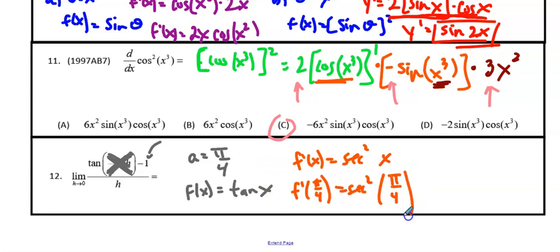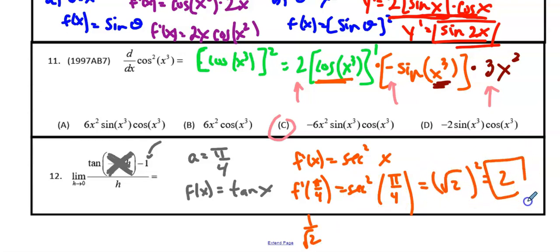And an easy way to do this without a calculator is know that secant is the reciprocal of cosine. And so remember that the cosine is going to be 1 over the square root of 2. And so that means secant would be the square root of 2. And so when you take the square root of 2 and you square it, you're going to get 2. So this limit is equal to 2.